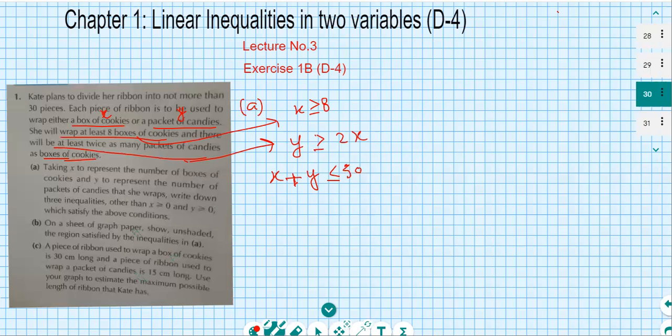All right, part B: on a sheet of graph paper, show unshaded the region satisfying the inequalities in A. So we have to draw a graph. I'm drawing it here.